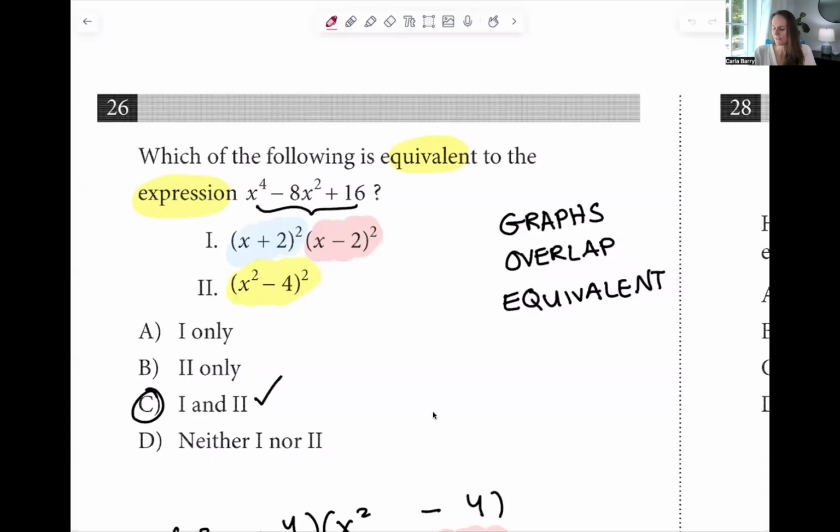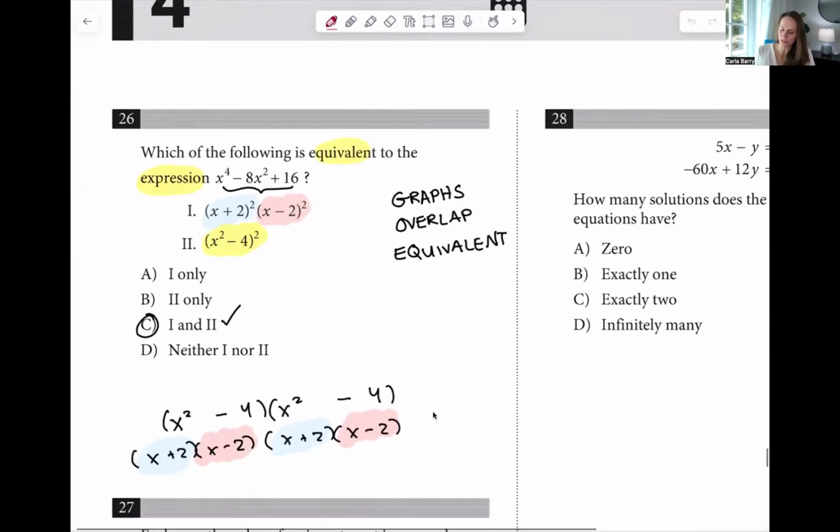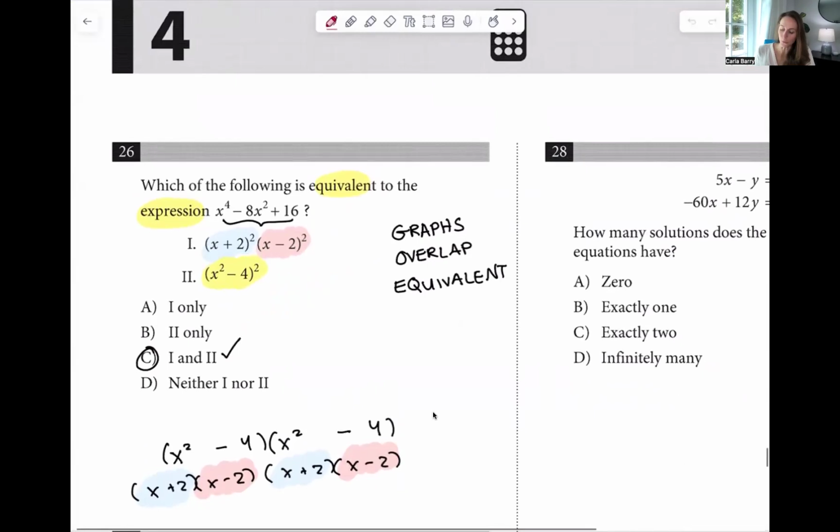Okay. So I'm going to show you this on my iPad first, and then we'll do it in the calculator. This question asked, which of the following is equivalent to the expression, Roman numeral 1 or Roman numeral 2? If we factored those expressions, we would see they're both equivalent.